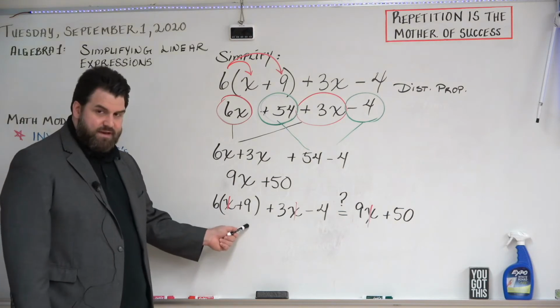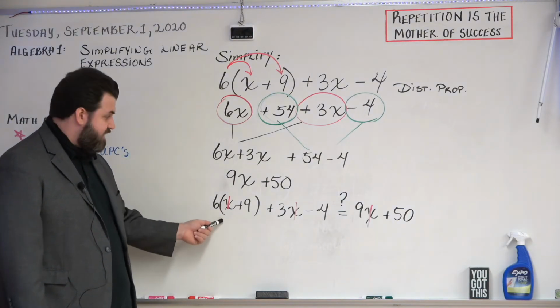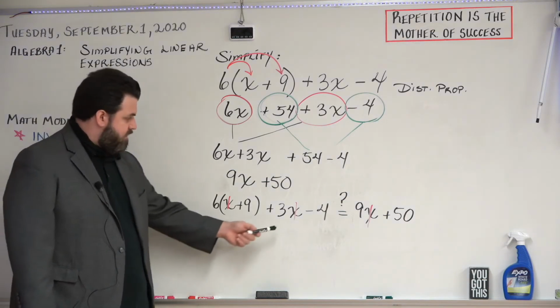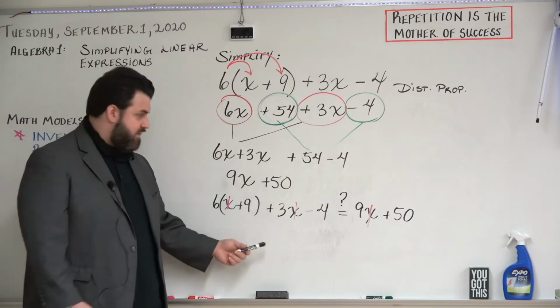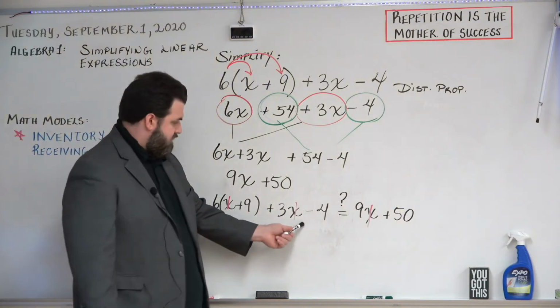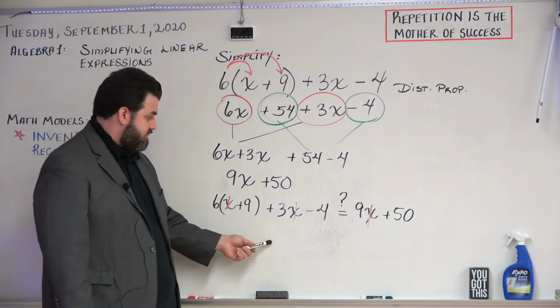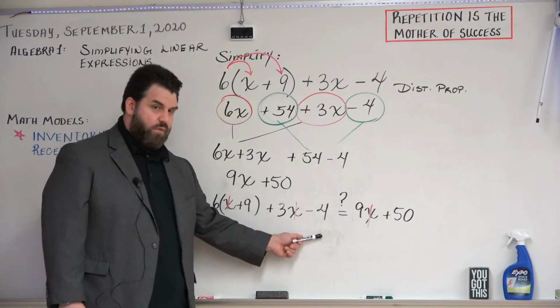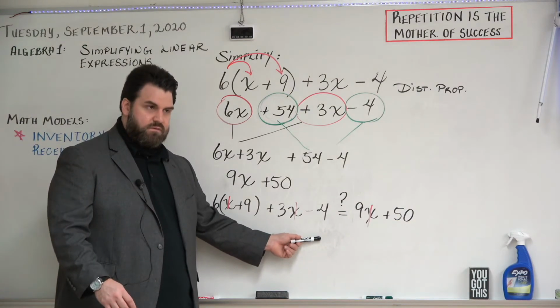1 plus 9 is 10. 10 times 6 is 60. 3 times 1 is 3. 60 plus 3 is 63. Are we with me so far? Do you agree with me so far? 63 minus 4, 59.